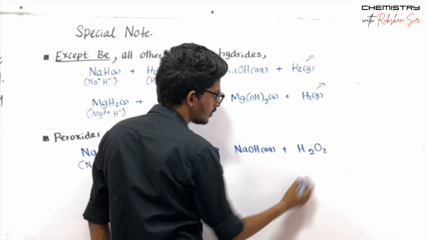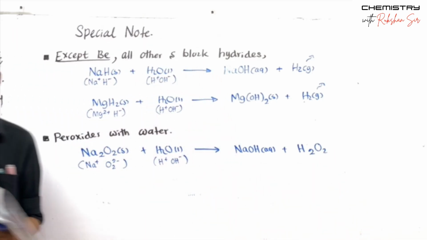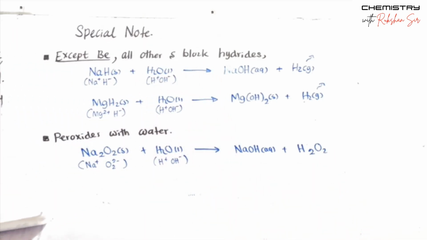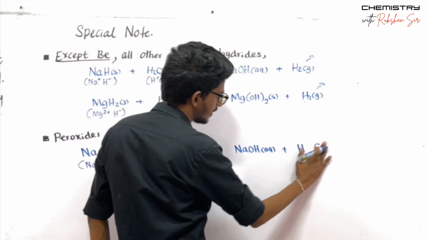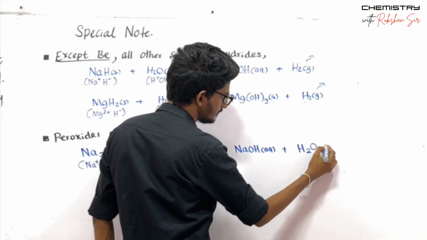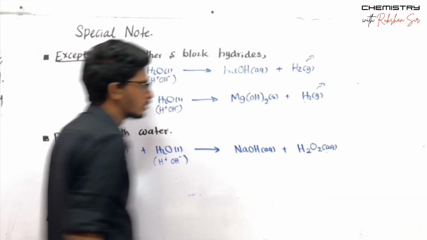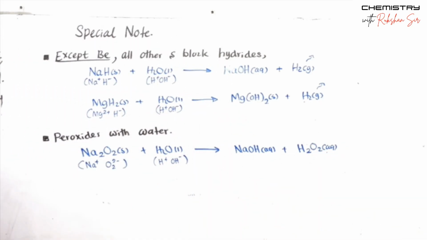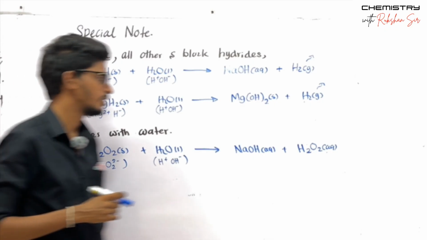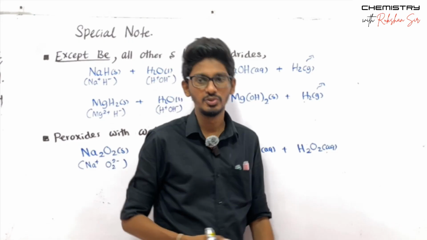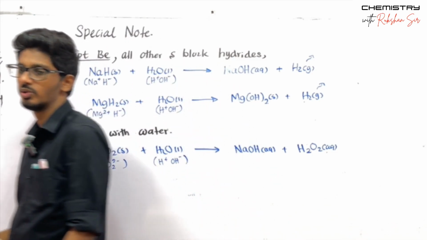So you produce H2O2. If you react a peroxide with water, what you will obtain is H2O2. Very clear, right? Ion exchange reactions.